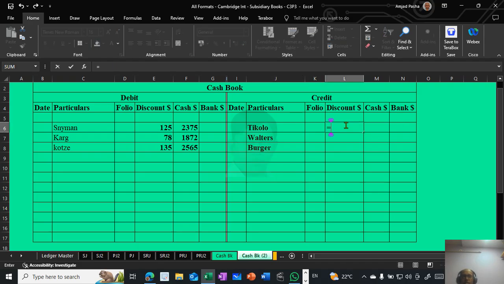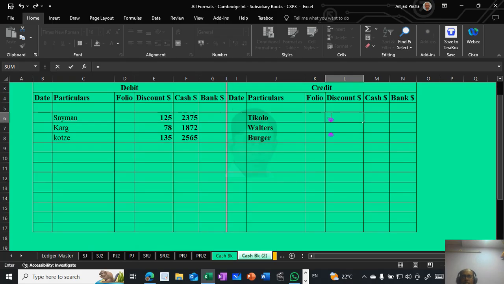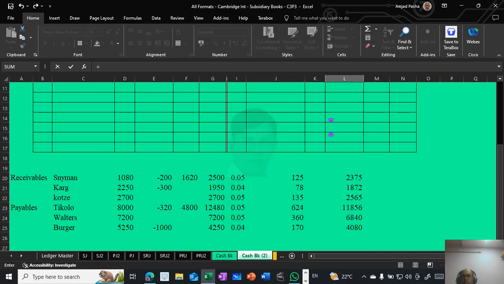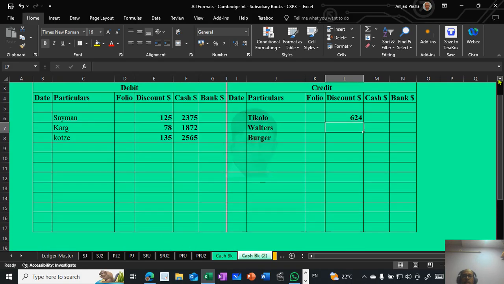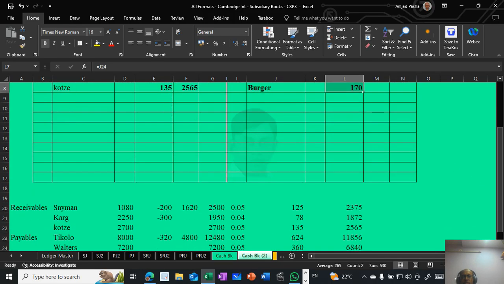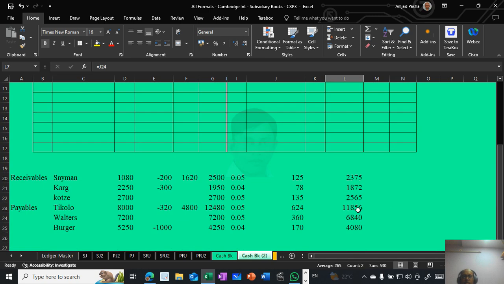If we calculate, so ultimately the payment, the amount we have paid.